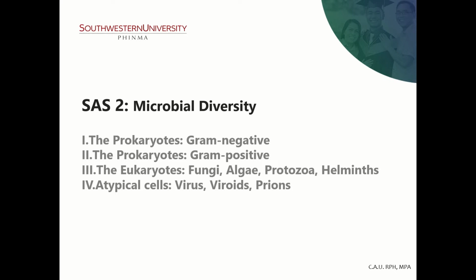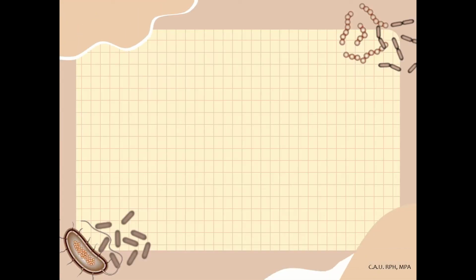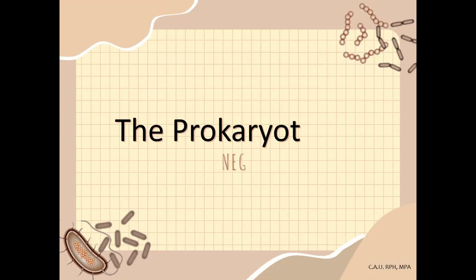And since we are talking about microorganisms, scientists have come up with the classification, namely prokaryotes, eukaryotes, and those that are unique from the previously mentioned groups, which are atypical cells. So in this topic, we will unravel each of them. First is the prokaryotes as gram-negative.